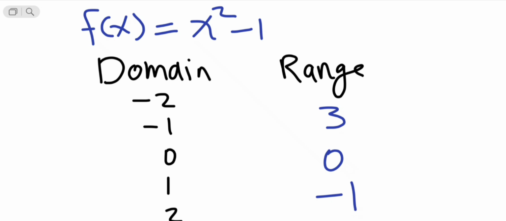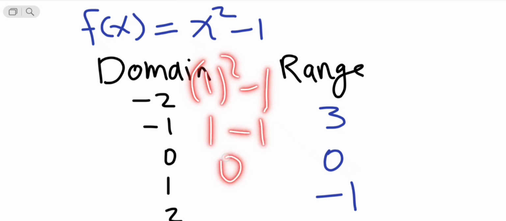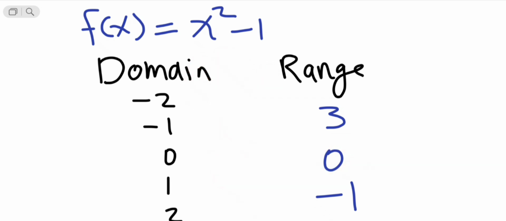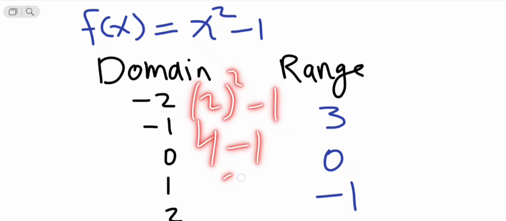Then again replace x with 1. So 1 square minus 1. 1 square is 1, minus 1, which is equal to 0. We have it already here. Then again replace x with 2. So 2 square minus 1. 2 square is 4, minus 1. 4 minus 1 is 3.